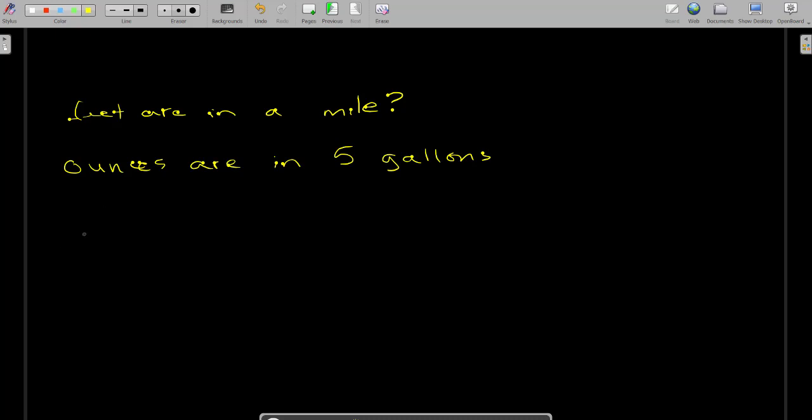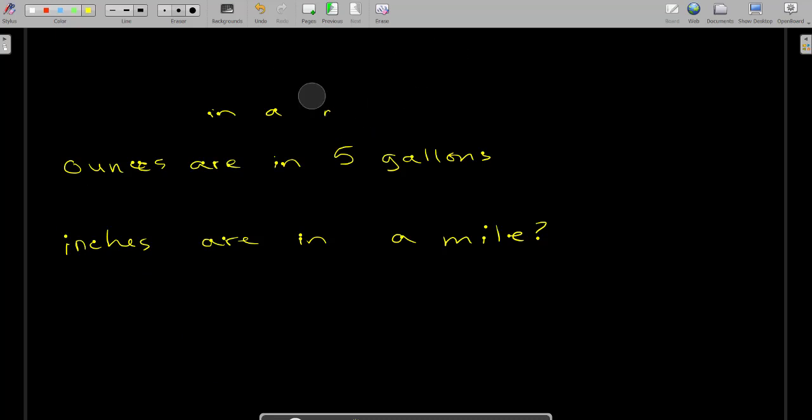And how many, let's say, inches are in a mile? It's a little bit harder in the United States for us to do that without a calculator. But in the metric system, because everything is in powers of 10, it's a little bit easier to go back and forth between measurements. Let me give you an example of what I mean.